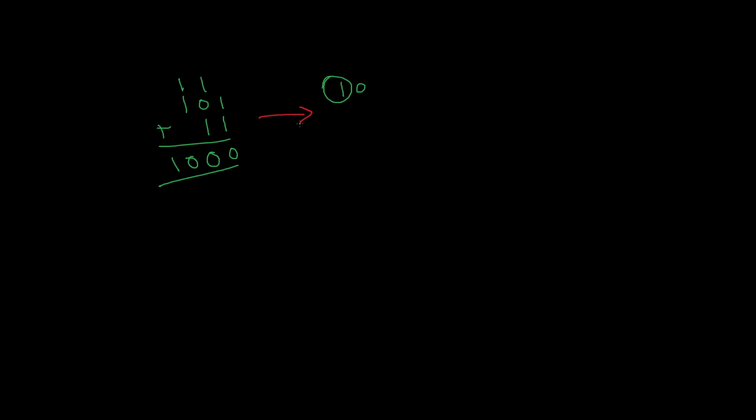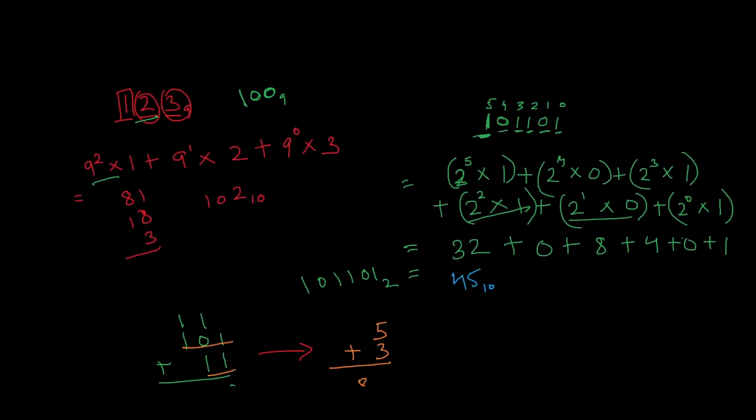I can check this in decimal. So if I convert this to decimal, what color have we been using for decimal? Orange, I think. If we convert this to decimal, this number is actually 5. This number is 3. If I add these together, it's 8. And if we go back to our table, have we been writing the numbers?